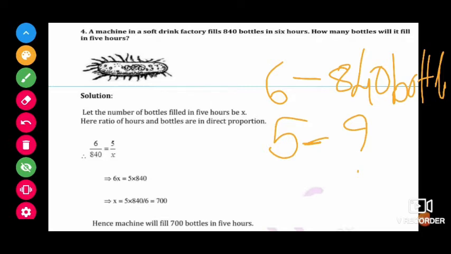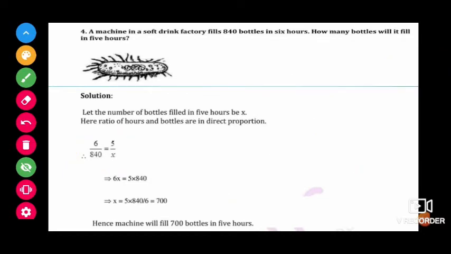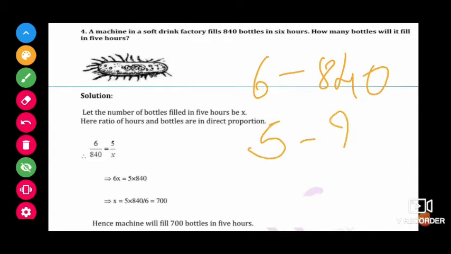Now, children, this is one way that I will explain. If we find it is in direct proportion, here 6 hours gives 840 bottles, and 5 hours gives how many bottles. The number of hours is reduced, so automatically the number of bottles will also be reduced.